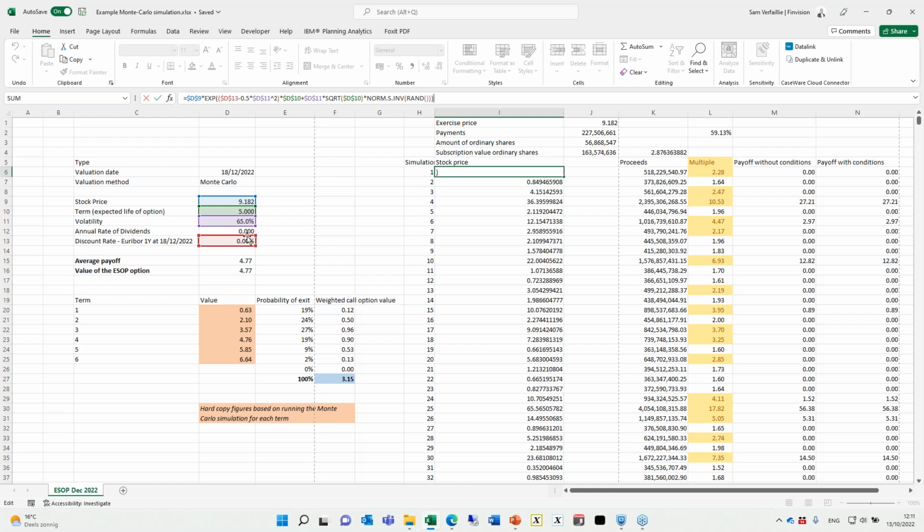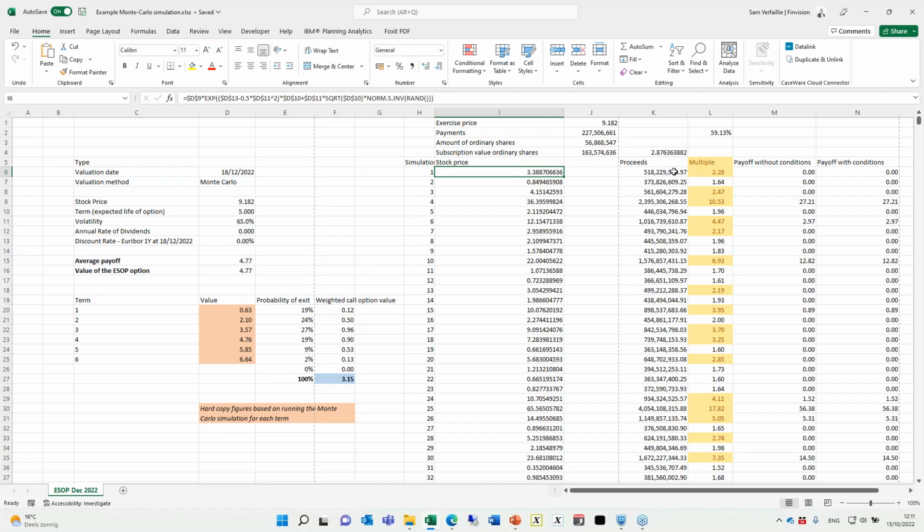Similar like a Black-Scholes model. But I will simulate what can be one of the stock prices that can be reached. It's not like binomial with ups and downs. There will be an up and down, but we have 100,000 cases, 100,000 estimates based on volatility, of what the stock price can be after 5 years.